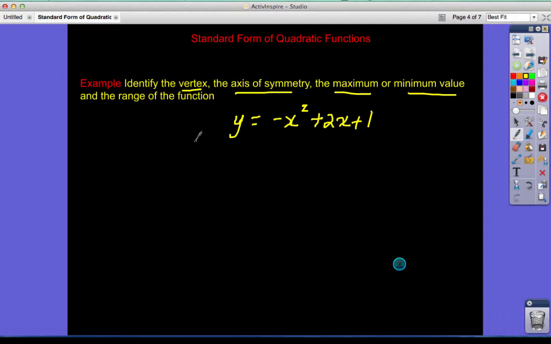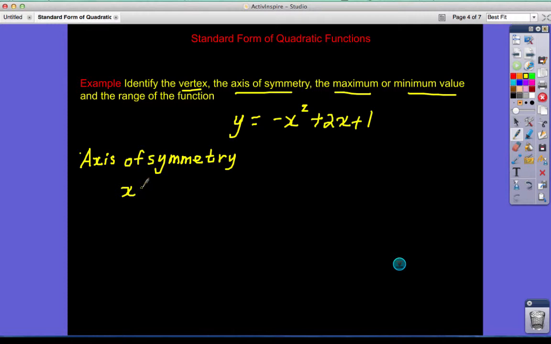Okay, so number one, they want the vertex. Well, I can start with the vertex, but if I get the axis of symmetry, I get half of the vertex. So we're going to go ahead and find the axis of symmetry.